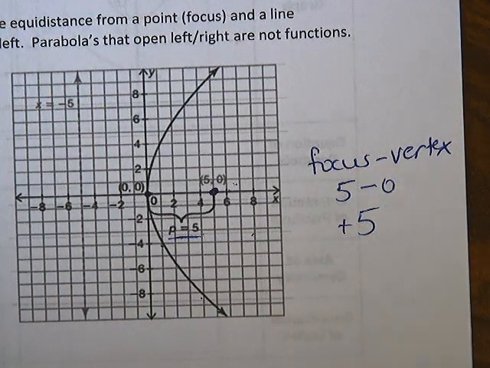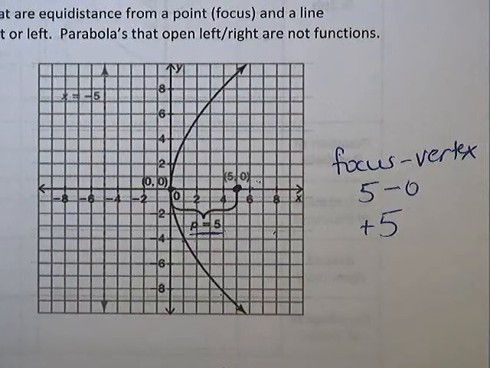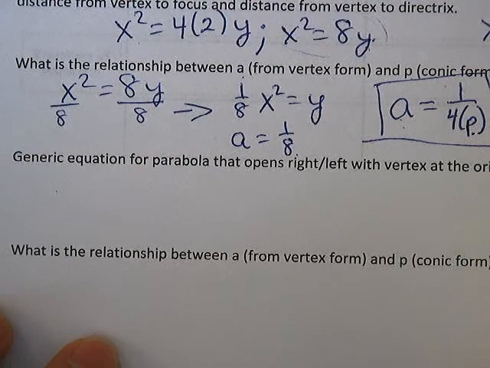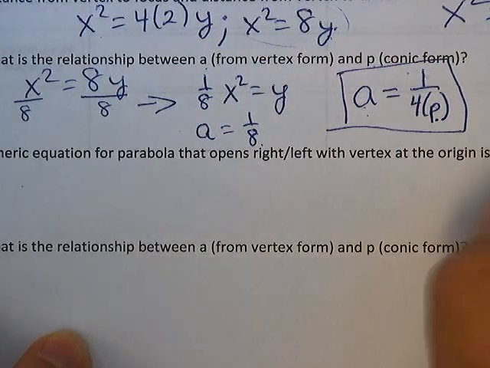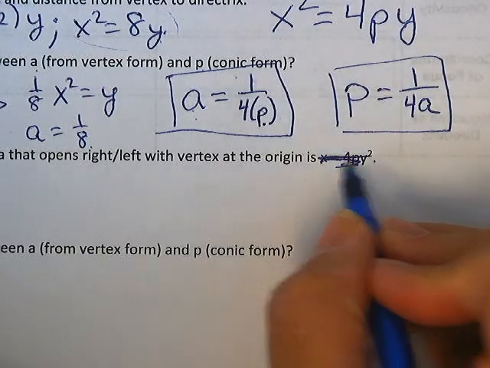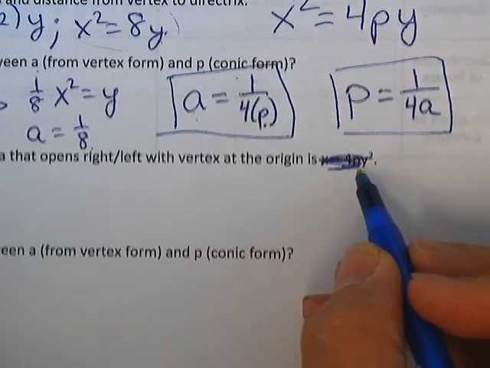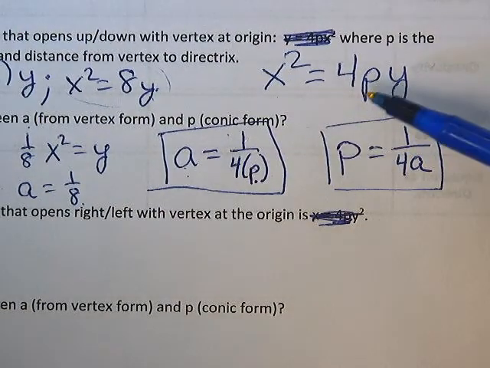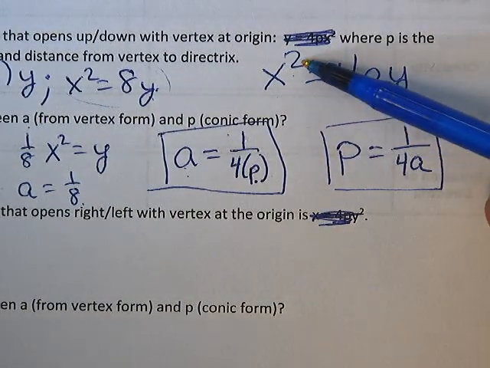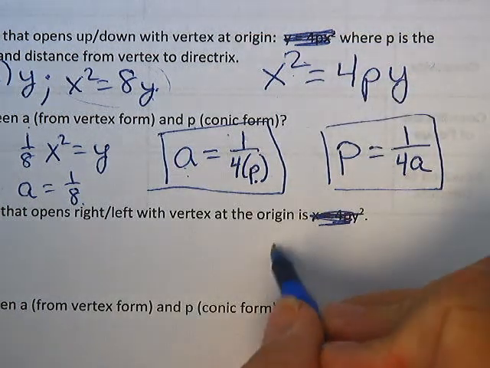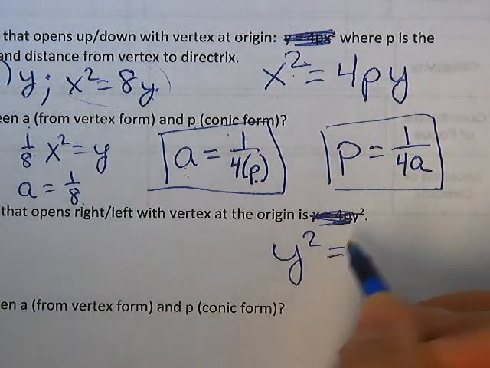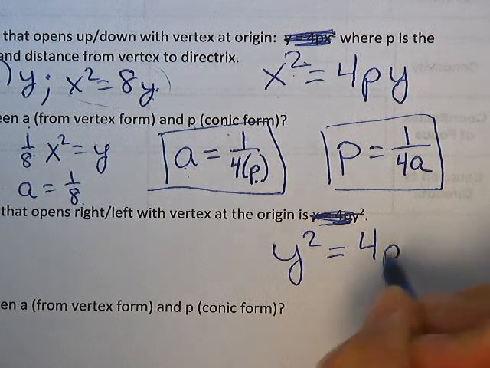Okay, so our generic equation for horizontal opening parabolas, it's very similar. We're going to cross out the one that's in our notes. And just like our vertically opening one, we're going to start with a square term, but it's going to be a y squared equals 4px.